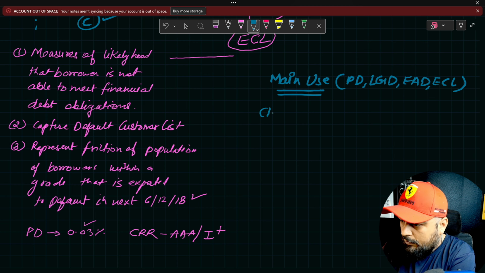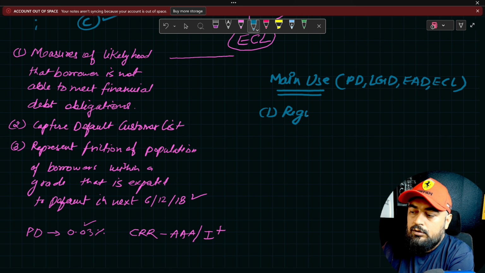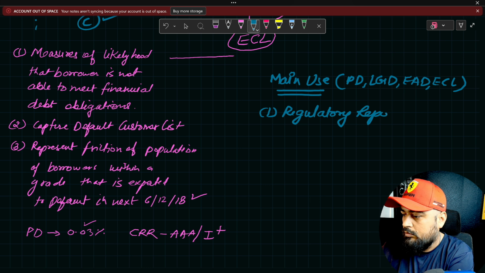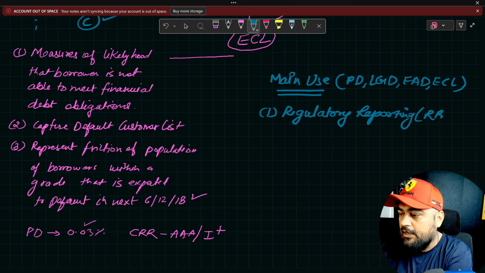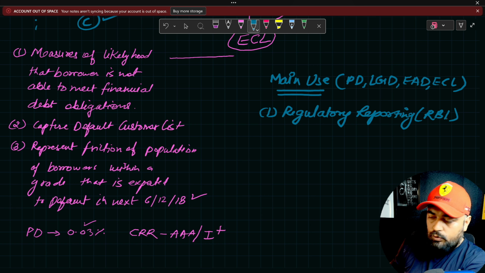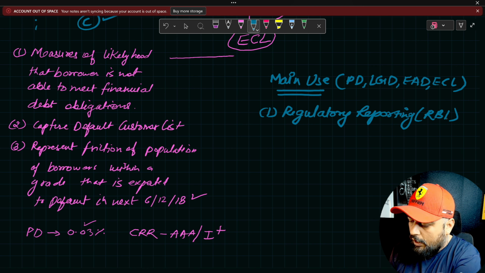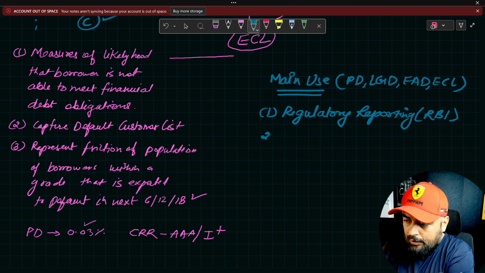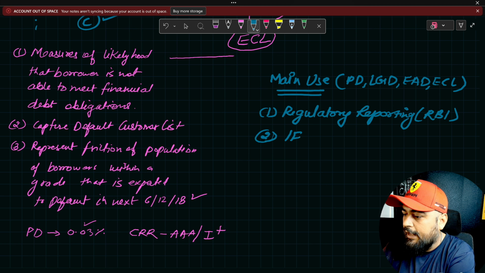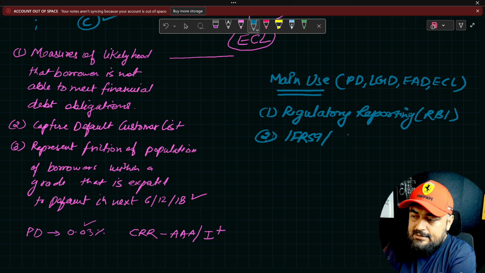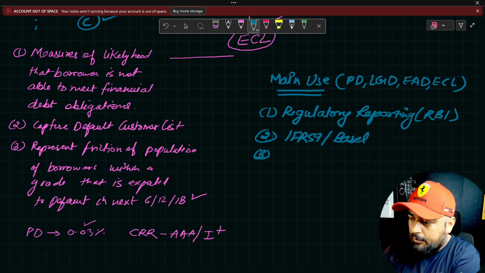Okay. Number one and most important is regulatory reporting. Like in India, you know RBI. All the banks need to report their numbers, everything, to RBI. That is again important. Number two, to satisfy the banking guidelines like IFRS 9 or Basel models. This again comes under the regulatory umbrella only.